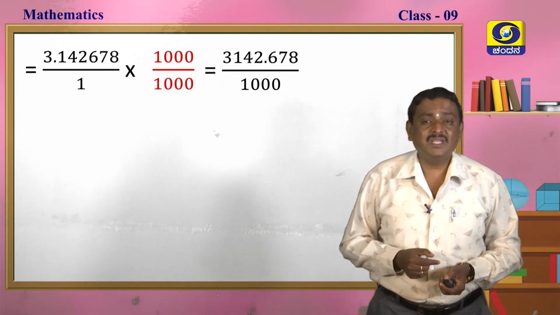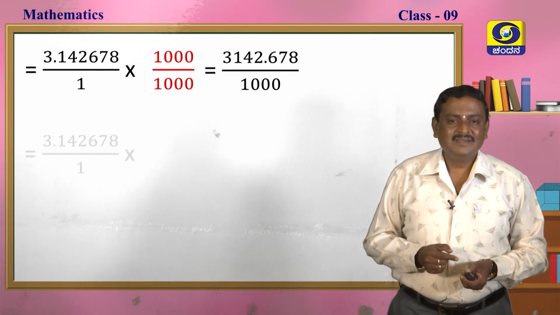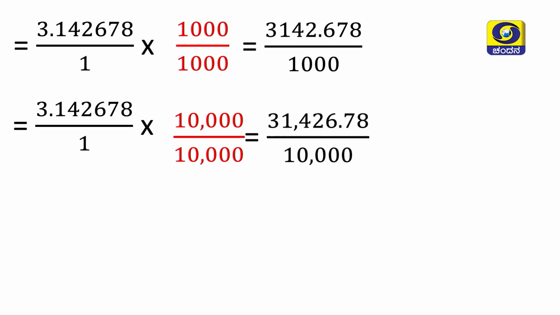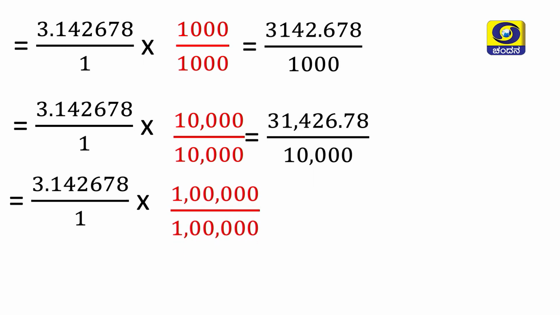Now, it is 3142.678. Now, if you multiply by 10,000, now it is 31,426.78 by 10,000. Now, multiply both numerator and denominator by 1 lakh.